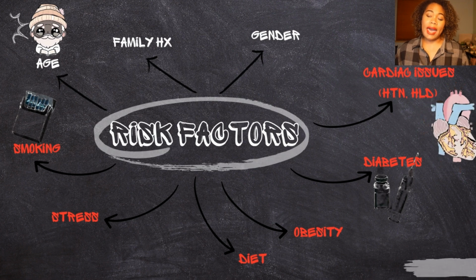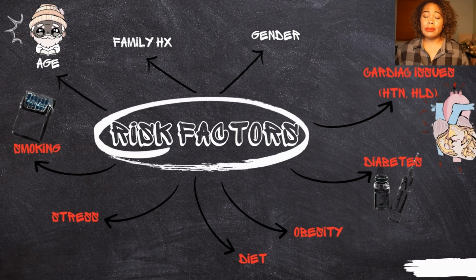Mainly males will have a risk factor for coronary artery disease, and it does present differently with women as well. You have cardiac issues such as hypertension, hyperlipidemia or high cholesterol, diabetes, obesity, diet, and stress, but also smoking.